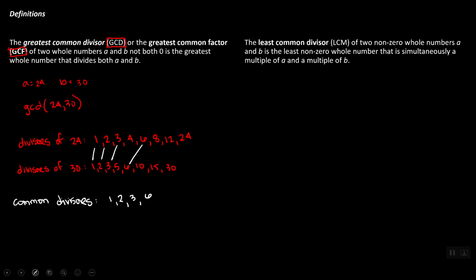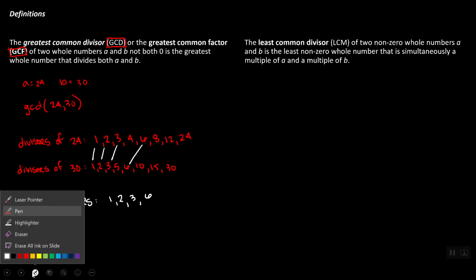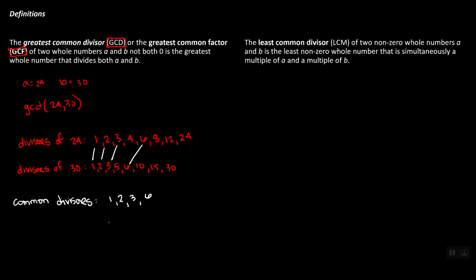These numbers are all divisors of both numbers 24 and 30. But if we're looking for the greatest common divisor, then we should pick 6, because out of all possible divisors that they have in common, 6 was the greatest.